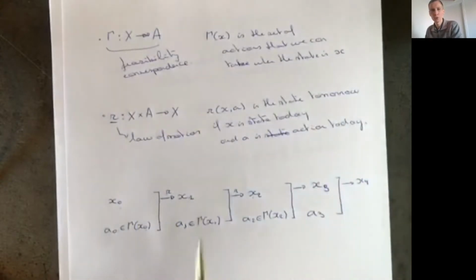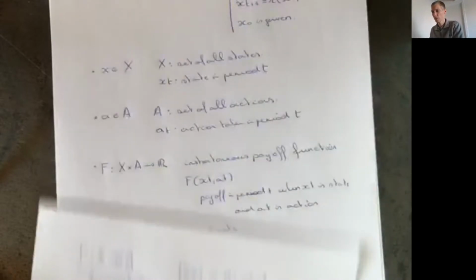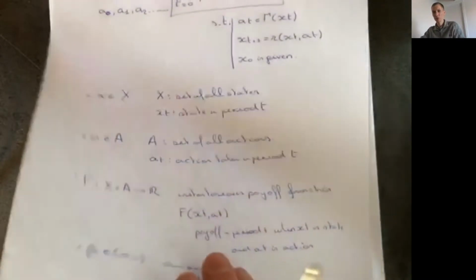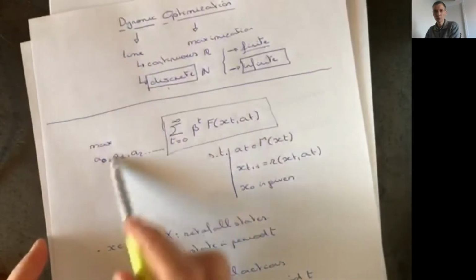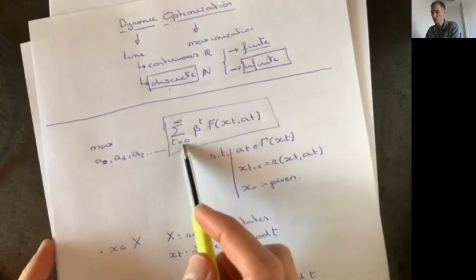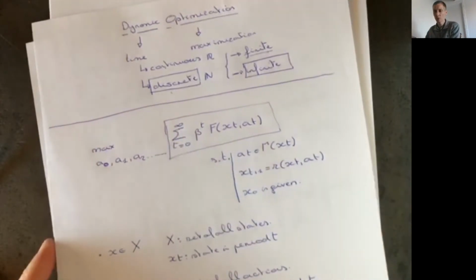And then we have the law of motion that determines the state tomorrow, given what I've done today and what's the state today. Okay, so this is the general form of the dynamic optimization problem that we're going to see. And notice here that time goes from 0 to infinity, right? So it never stops.